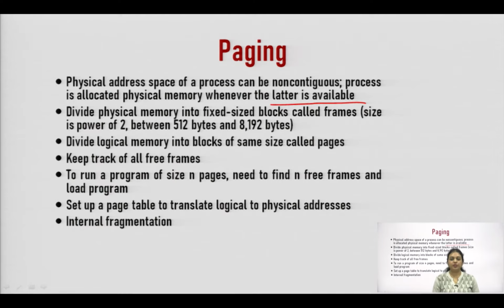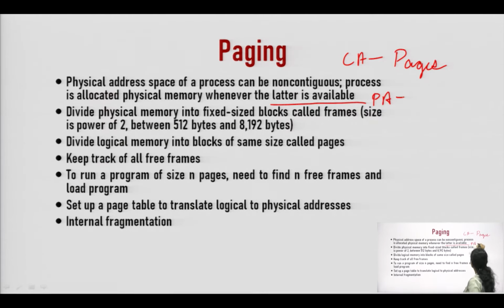So, we divide our logical address space and physical address space into equal sized blocks, right. Now, the blocks in the logical address space are termed as pages. In logical address space it is pages, and in physical address space it is called a frame, right.